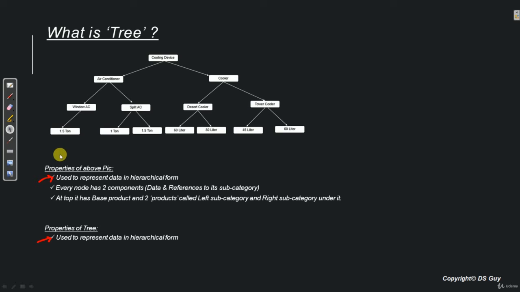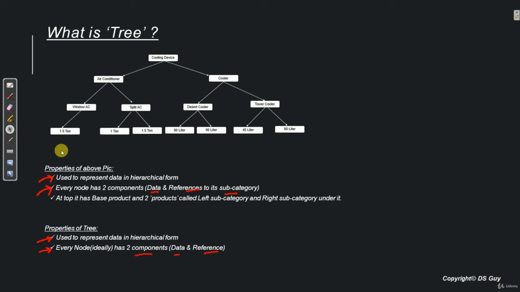Now the next property of a tree is that in every node we store two components, that is data and reference, which is very similar to property 2 of the picture, where we were storing data and reference to the subcategory.